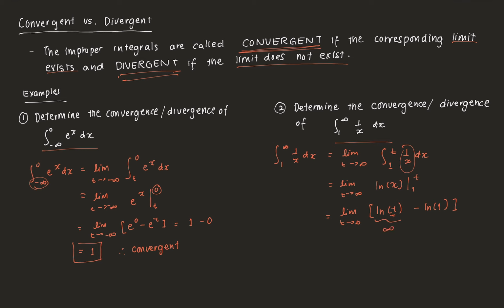If we let t keep on growing bigger and bigger, that value approaches infinity. And if we subtract a small value like ln 1, that's still going to be infinity. So we have here a solution that is infinity. Therefore, this particular improper integral is a divergent improper integral.